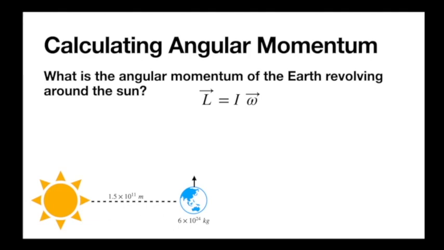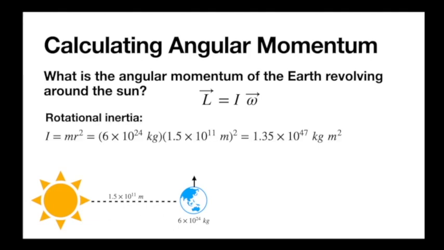The other is the sun is the center point. The Earth is rotating around here, so the sun would have an R of 0 anyway. So the sun doesn't factor in here. We just have one mass element, the Earth with its mass, that's this distance away. And so our rotational inertia is just mr squared, mass of the Earth times the distance away from the sun squared. And we get this massive number, something like times 10 to the 47th.